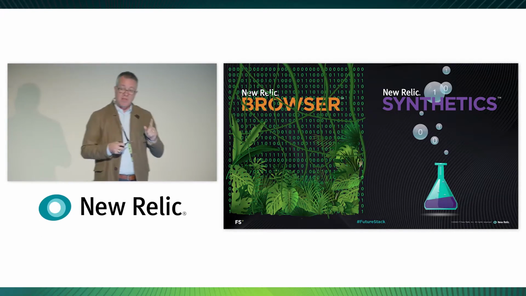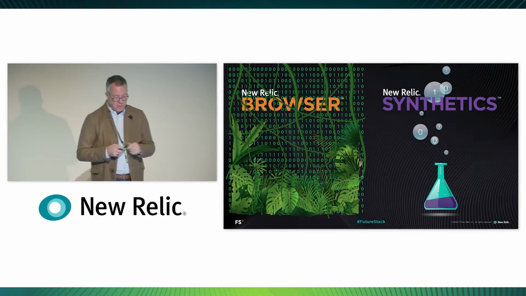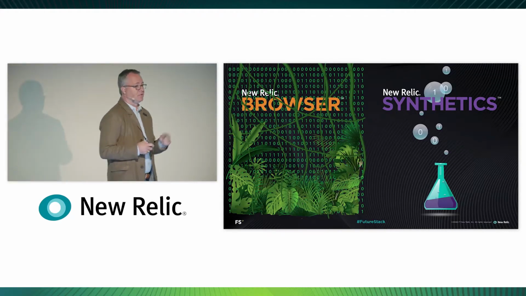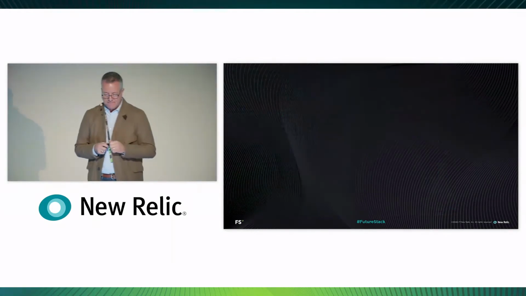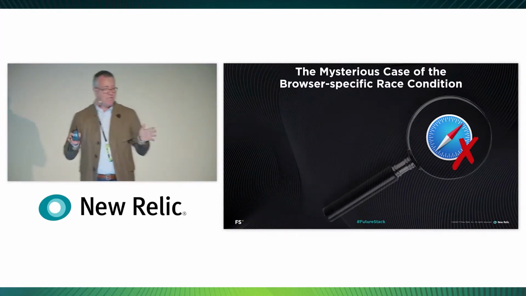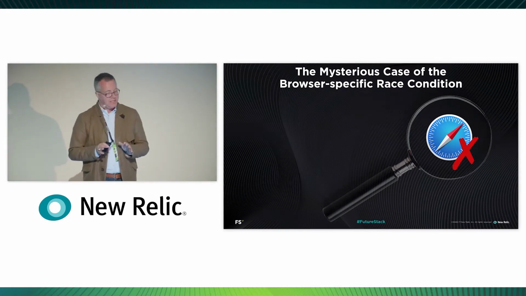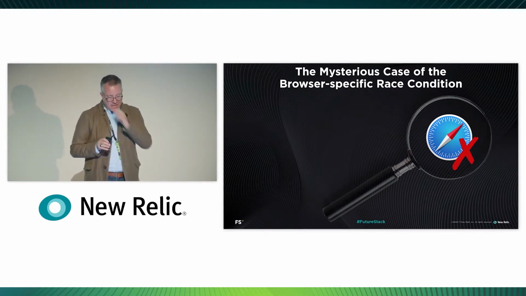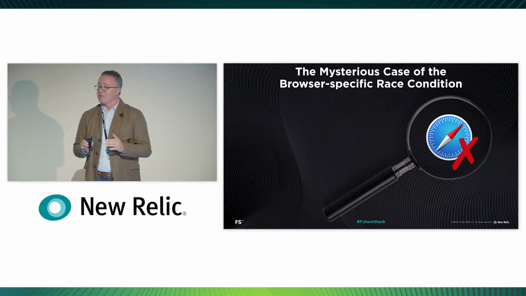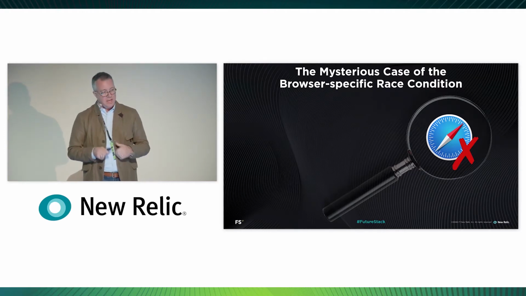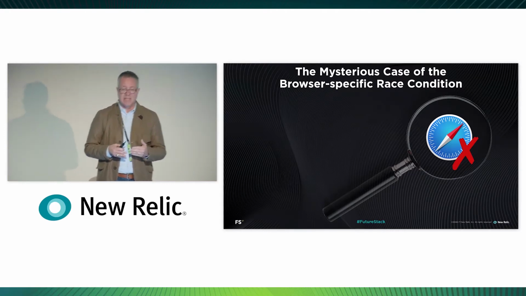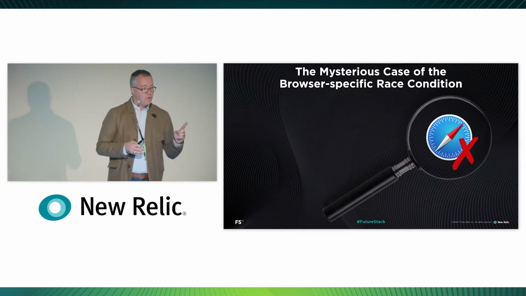Now, because of how they work, it turns out that these tools are good at catching different kinds of errors. Let's look at a couple of examples. Imagine you have a JavaScript that works fine most of the time, but because of variance in how different browsers execute JavaScript, it can create a race condition that results in intermittent failure, but only in Safari.